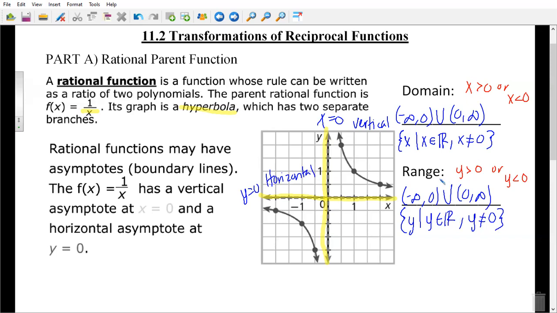It just depends on how the information is being given to you or what information is wanted from you. So again, we have interval, inequality, and set notation.